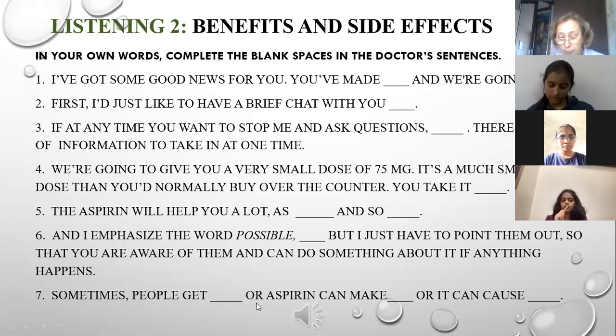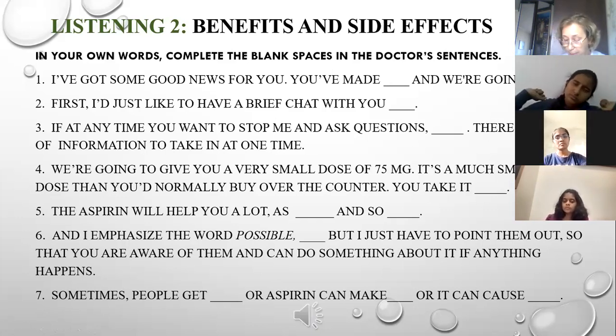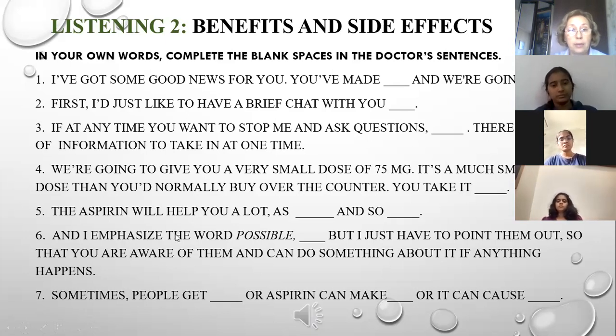He says sometimes people get upset stomach, or aspirin can make bleeding, or it can cause darker and smelly stool and sometimes bleeding. And shortness of breath. Yes. Okay, so this is about the side effects of aspirin. The doctor just says this to the patient.